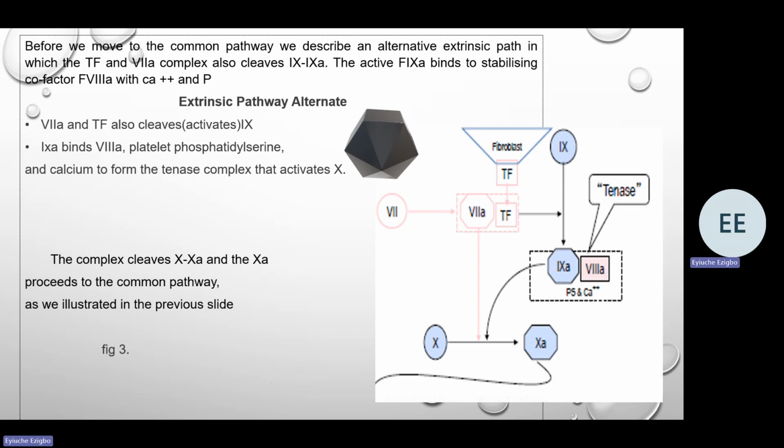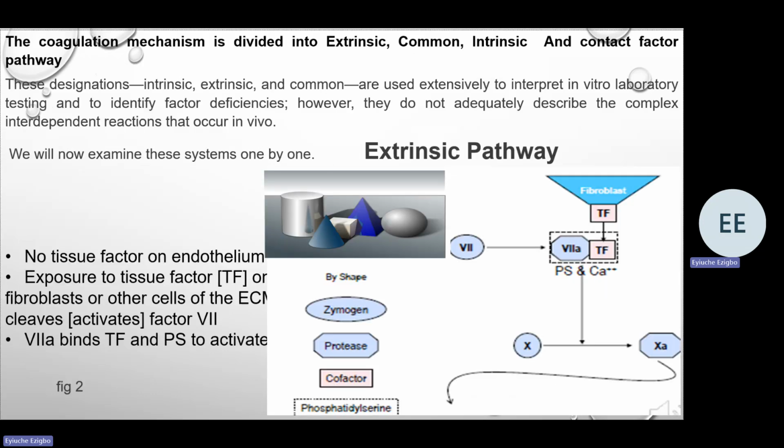That's another pathway by which the tissue factor can participate. Tissue factor and factor 7 can activate factor 10, and can also activate factor 9. So it's an alternate pathway for the extrinsic coagulation mechanism.